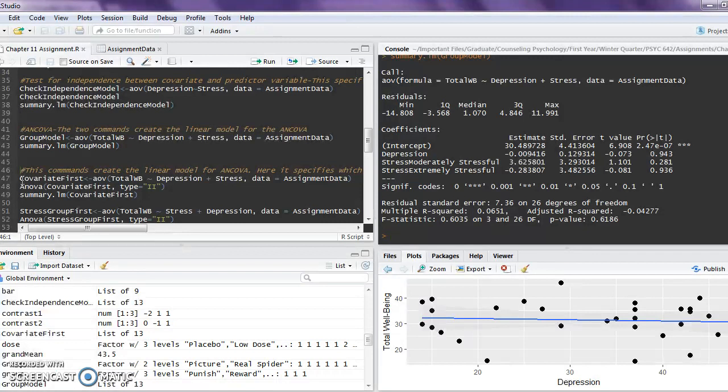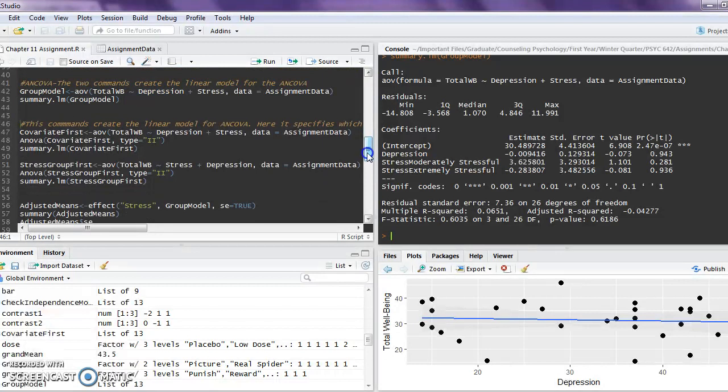Okay, so one thing I want to talk about is order. In this case, order does matter. Depending on the type that you want, you can calculate a certain sum of squares for your ANCOVA.